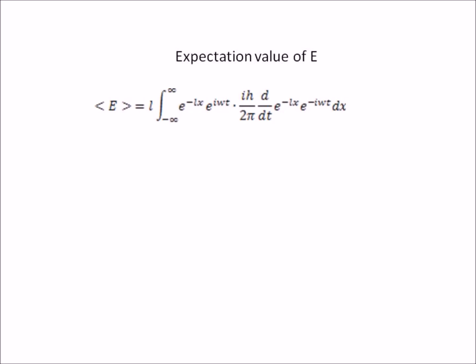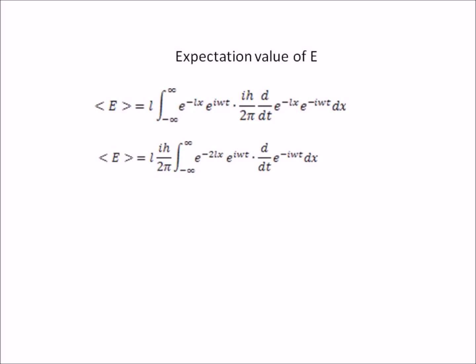But e raised to Lx is a constant of the derivation, so we can take it outside the derivation, and all the constants i h by 2 pi we can take outside the integration, so we can get L i h by 2 pi integration e raised to minus 2Lx.